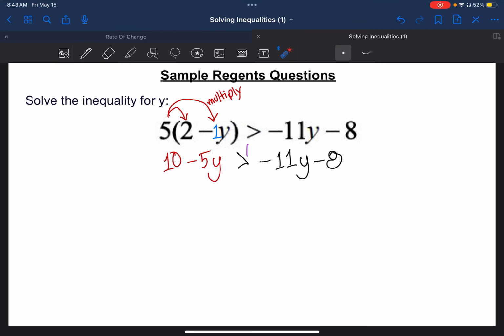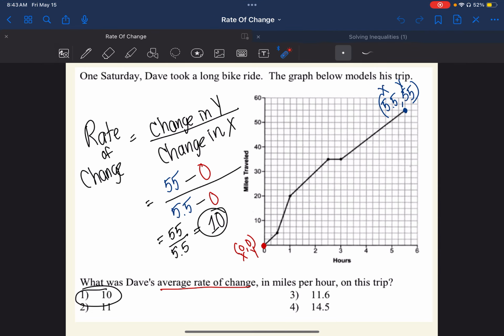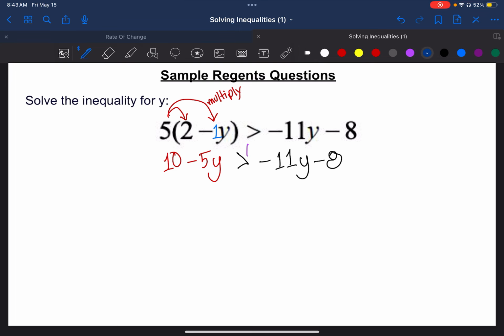Okay, so now we see we have y's on both sides, and we don't like that. I'm actually going to move everything that's not a y to the right, and I'm going to move all the y's to the left. So I'm going to start with moving this 10 out of here. Since it is a positive 10, I am going to do minus 10 to cancel it. And if you do minus 10 on this side, you also have to do minus 10 on this side.